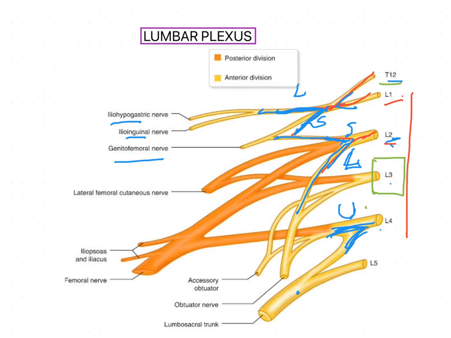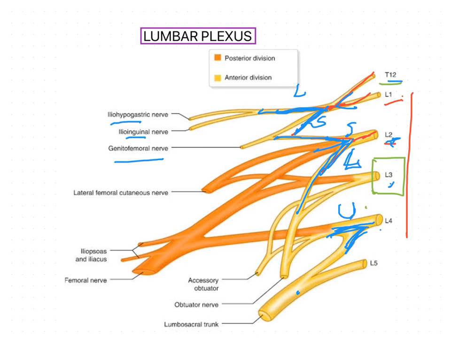So the greater division of L2, the entire L3 and the greater division of L4 are going to split again into dorsal branches and ventral branches.